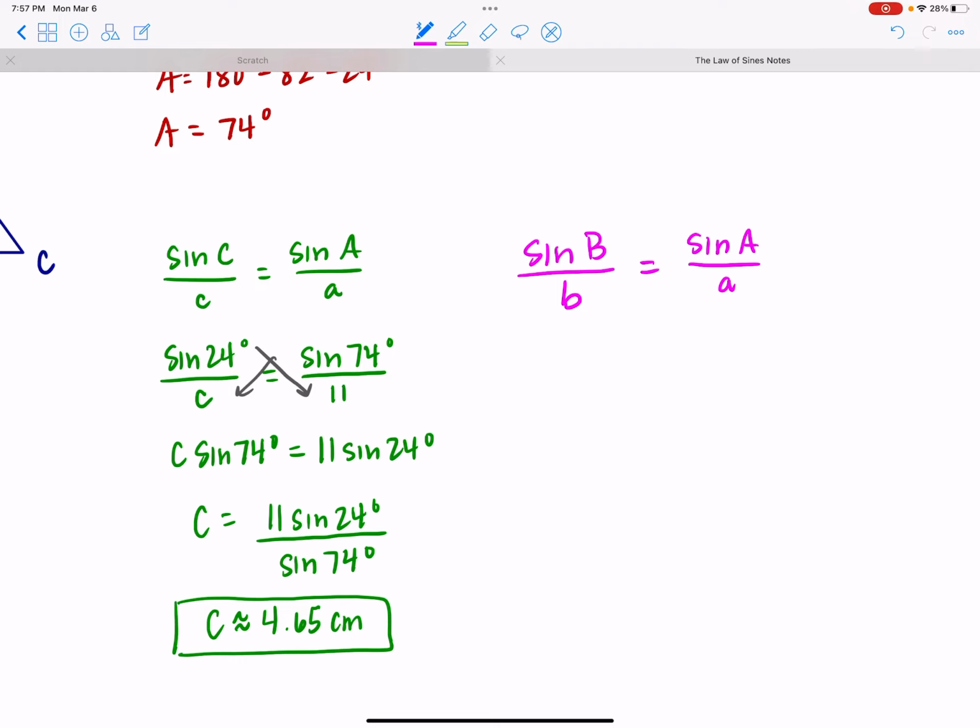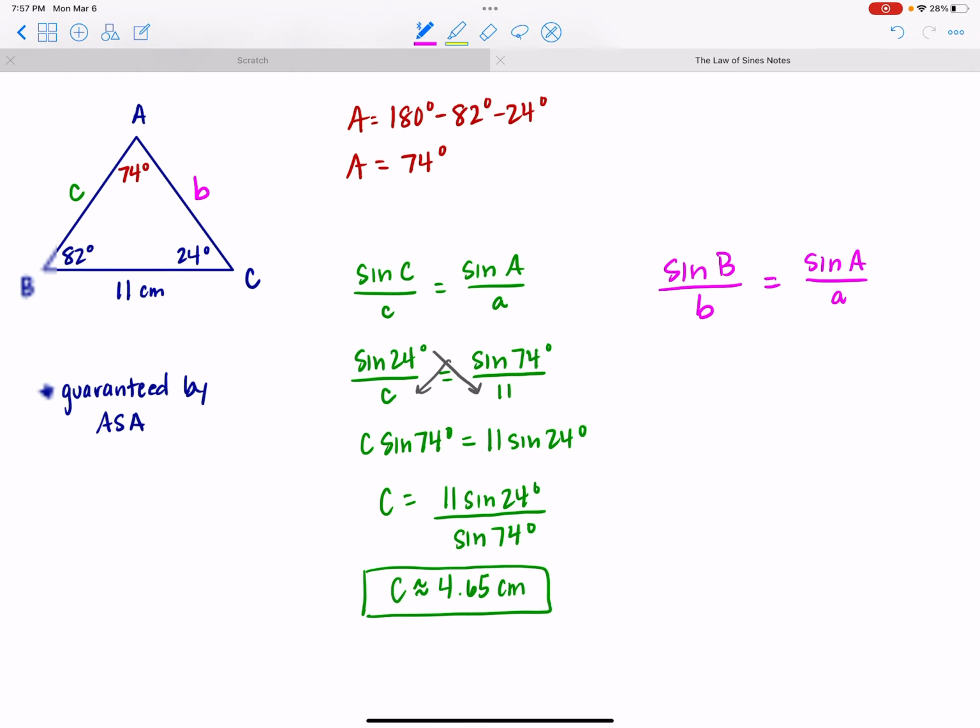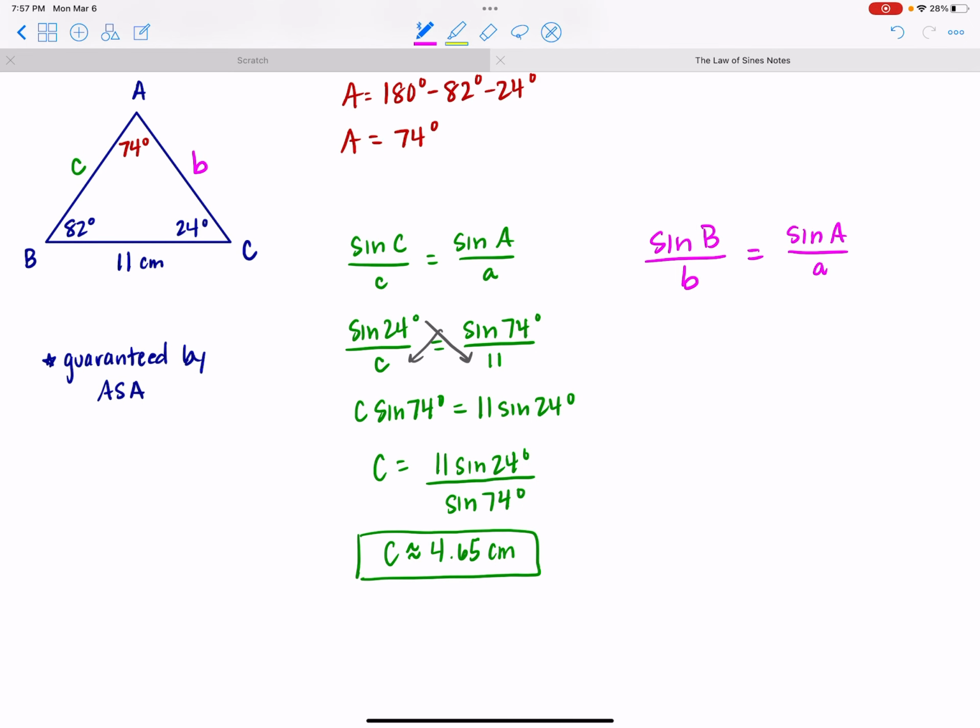I have the sine of B. B was 82. So the sine of 82 degrees divided by our missing side B equal to the same ratio we had over there in green. So that's the sine of 74, that's A, over A, which was 11.